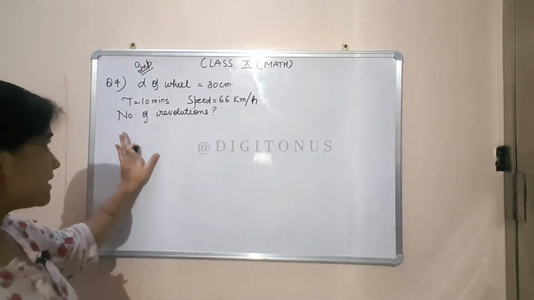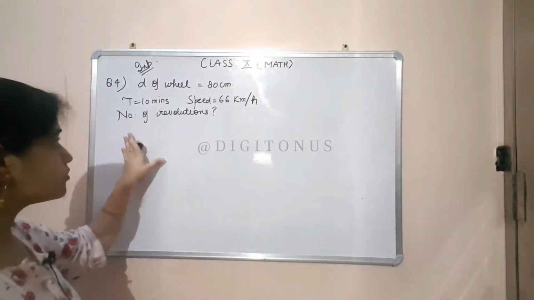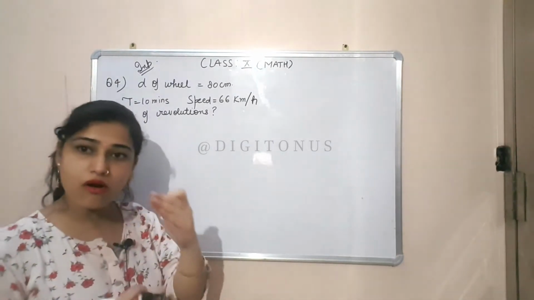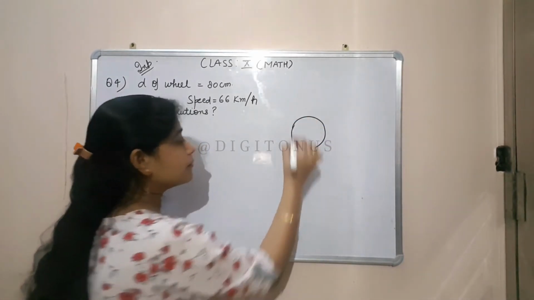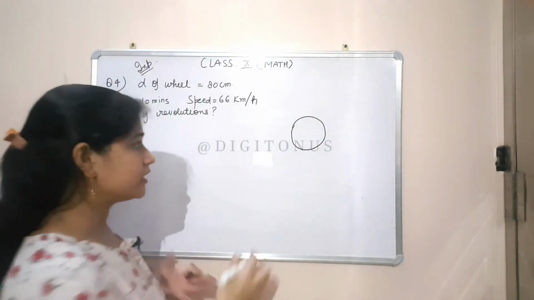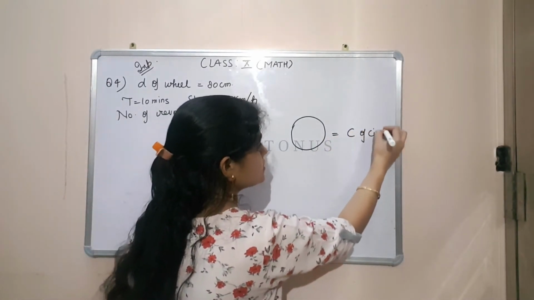Means they are asking the number of revolutions, and how to find the revolutions? I think you all know that one complete revolution taken by a wheel is equal to the circumference of the circle.